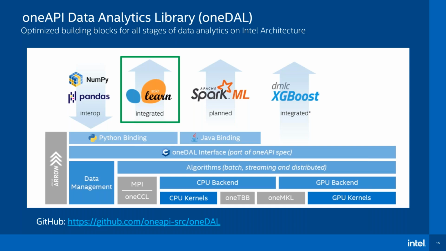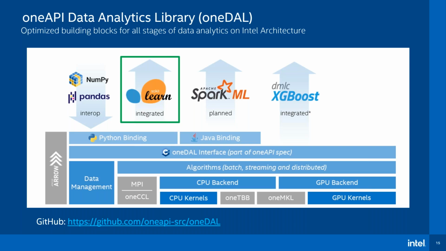And so let's take, for example, the Intel extension of Scikit-learn. What you would essentially do is invoke the Python interface, and then it will eventually connect with the oneDAL interface, which is the daal4py interface.